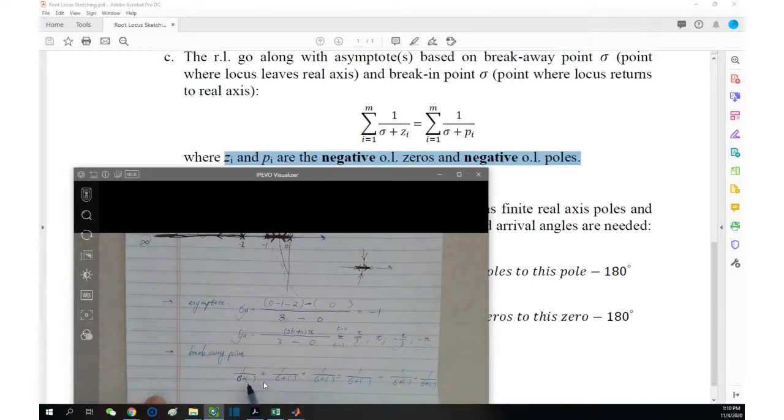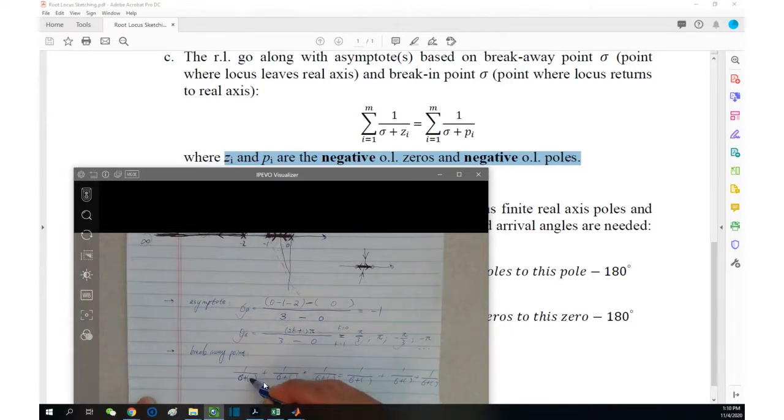So the left-hand side of the equation is delta plus the negative open loop zeros, which is what? Negative infinity, right? Second one remains negative infinity. It's infinity, but it's okay. The other end of the equation is delta plus negative open loop poles, right?